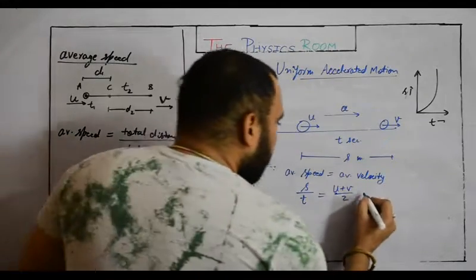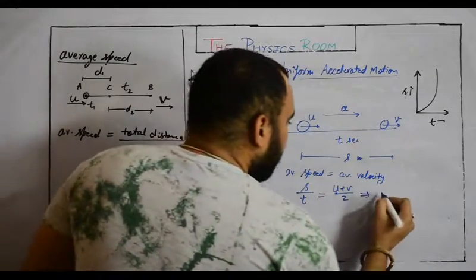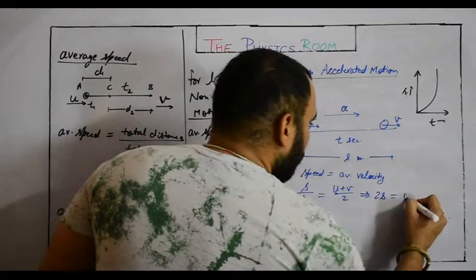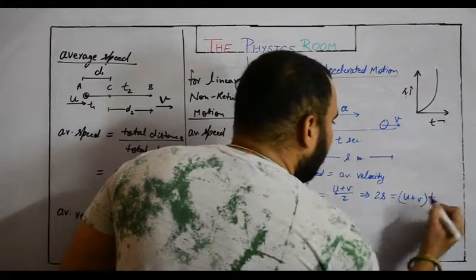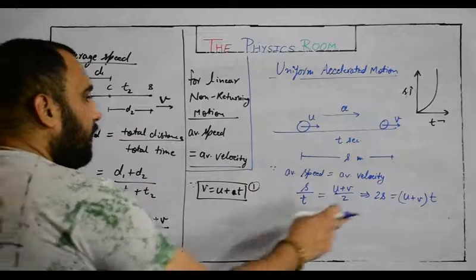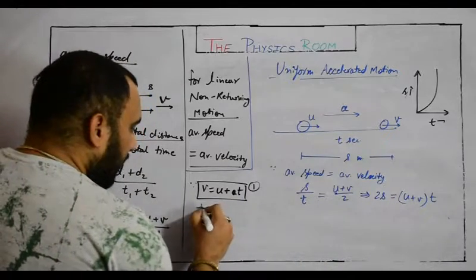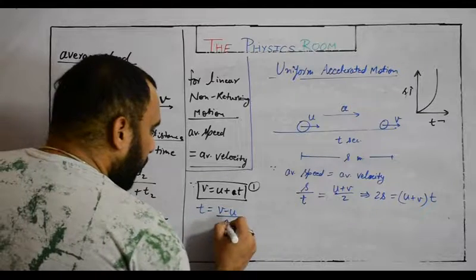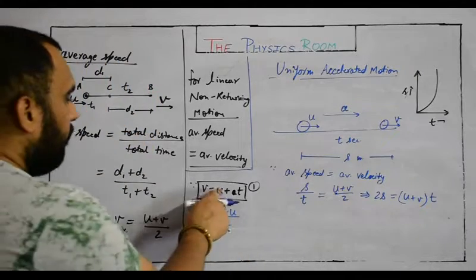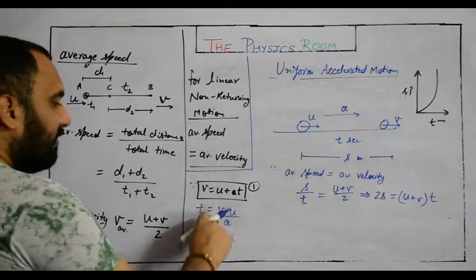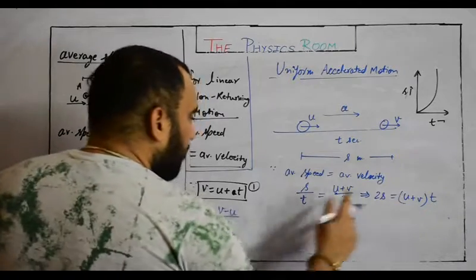First let's cross multiply the things: 2s equals (u plus v) into t. We can find out the value of t from the first equation of motion. t is (v minus u) upon a. You know it very well. That is the value of t. Put the value of t here.